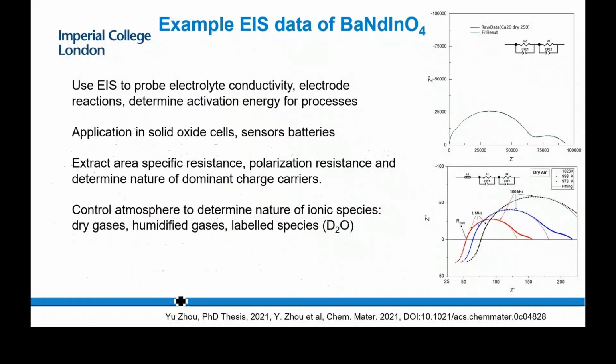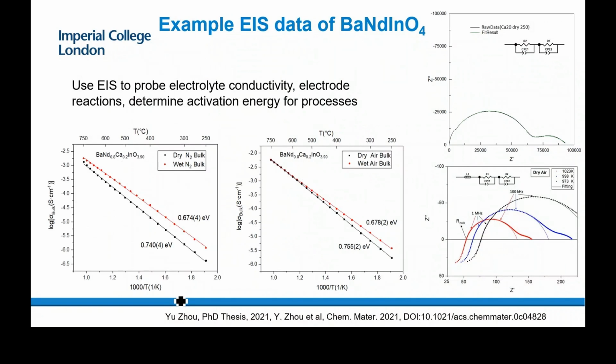So we've now done the impedance measurements of these calcium substituted materials under dry nitrogen and wet nitrogen. If you're doing a measurement under nitrogen, then you should be seeing a conductivity which is due to whatever species are transiting through your material in the bulk phase.